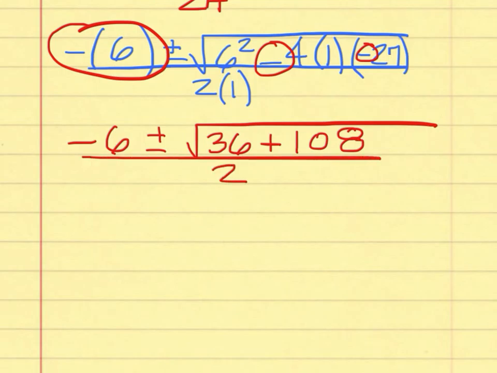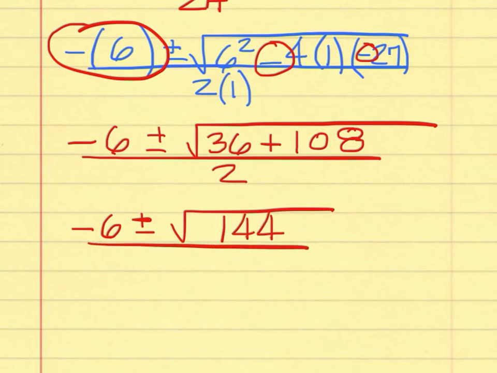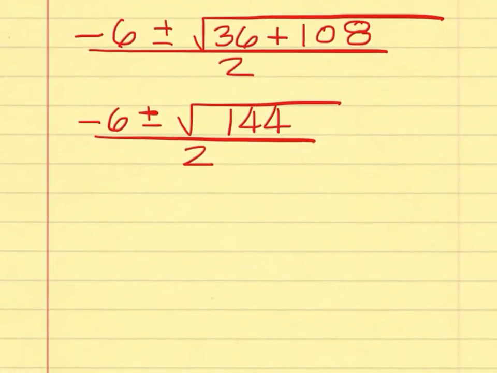On the bottom, you just have a 2. Simplify some more to get 36 plus 108 is 144. On the bottom, you still have a 2. The square root of 144 is 12, so negative 6 plus or minus 12 over 2.